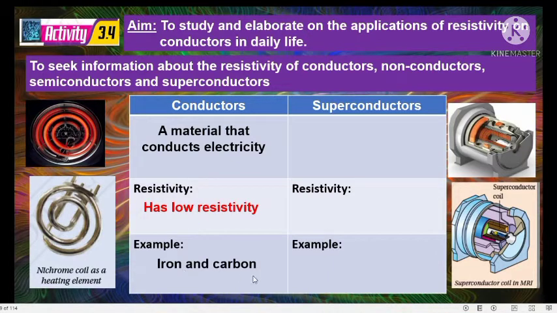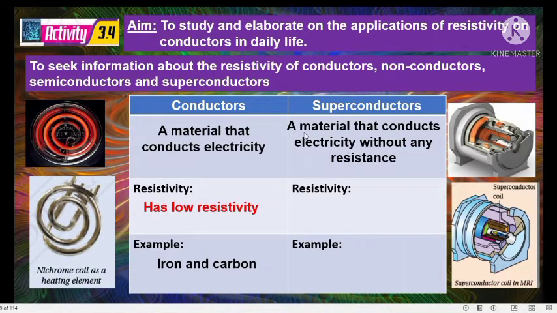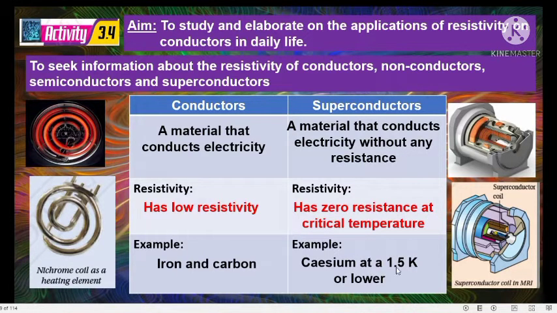Example, iron and carbon. Superconductor, a material that conducts electricity without any resistance at certain temperature. Without resistance means no energy loss. It has zero resistance at critical temperature. Example, caesium at 1.5 Kelvin or lower.